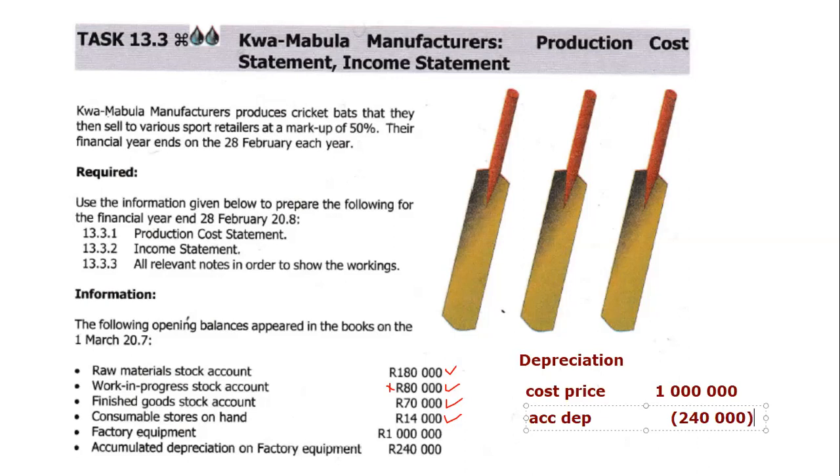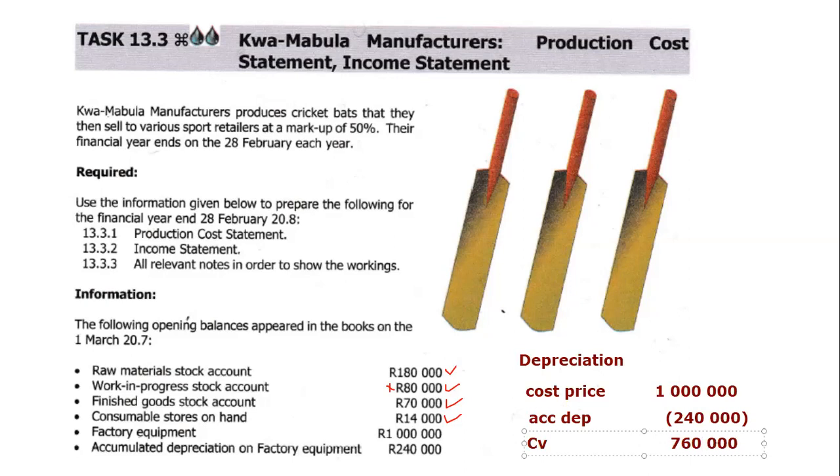What do we get? And what do we call whatever you get there? This is going to be our carrying value. It's our carrying value of how much? It will equal 760,000.